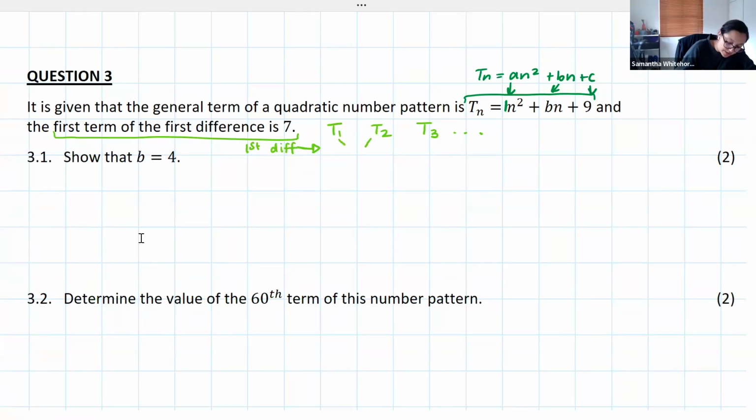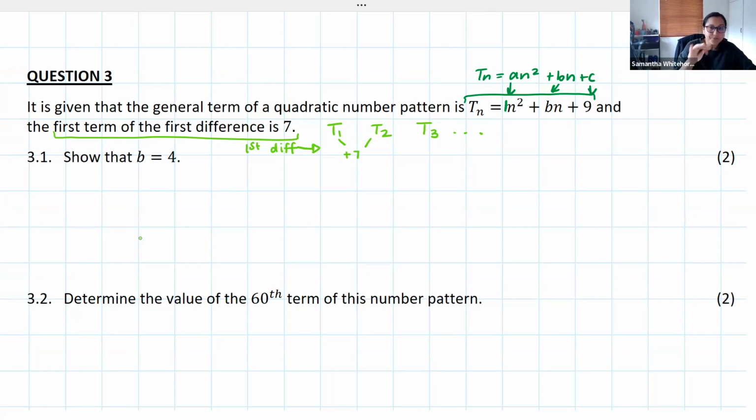So the difference between term 2 and term 1 is a positive 7. If I add 7 to term 1, I get term 2. We don't yet know what the next difference will be, but that information says that term 2 minus term 1 gives 7. That's also really important to answer the first question.